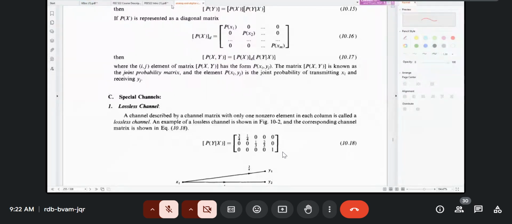This is what you are saying: there is only one non-zero element in each column. I think that's what our description is.